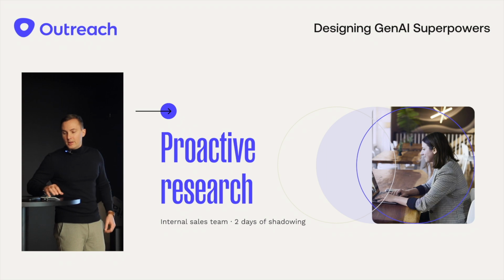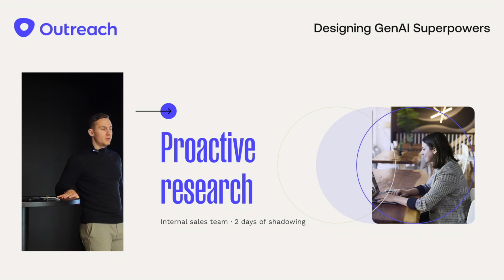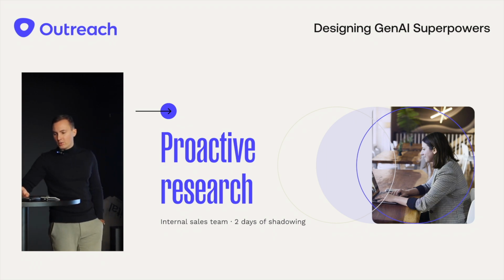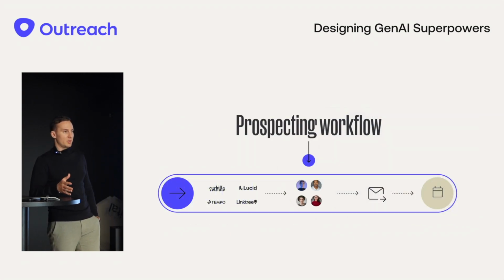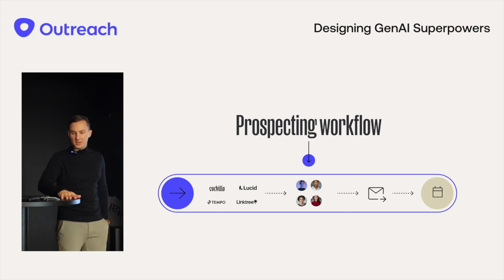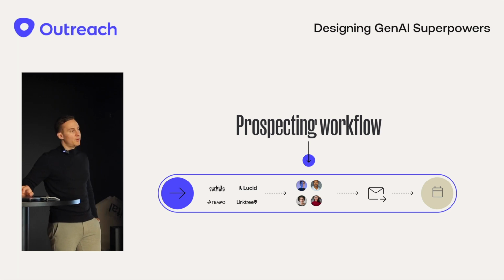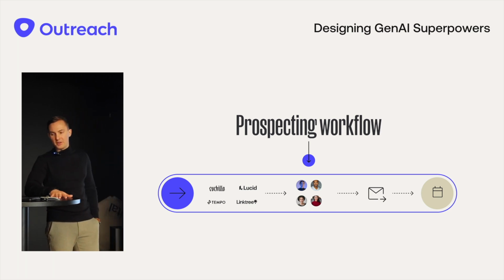In November 2022, I got a chance to go to London to shadow our internal salespeople for 2 days. And during those 2 days, we found out that the beginning of selling, basically the prospecting part, is an incredibly manual process. Imagine this: your sales manager gives you a bunch of companies you should go after and try to sell your product or service.